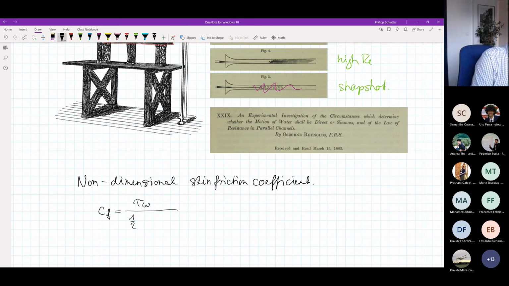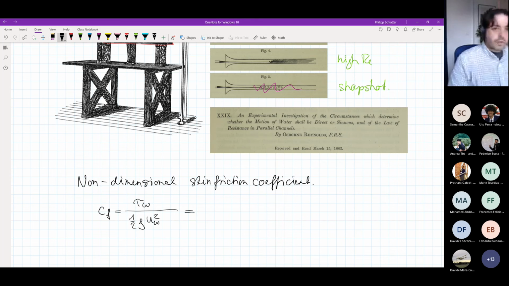What we take is 1/2 rho times the velocity squared. Of course, this is an expression that you probably remember from the Bernoulli equation. That is nothing else than the dynamic pressure term. And unit-wise, this makes sense because both of them have units of Newton divided by area. So this is a non-dimensional skin friction now.